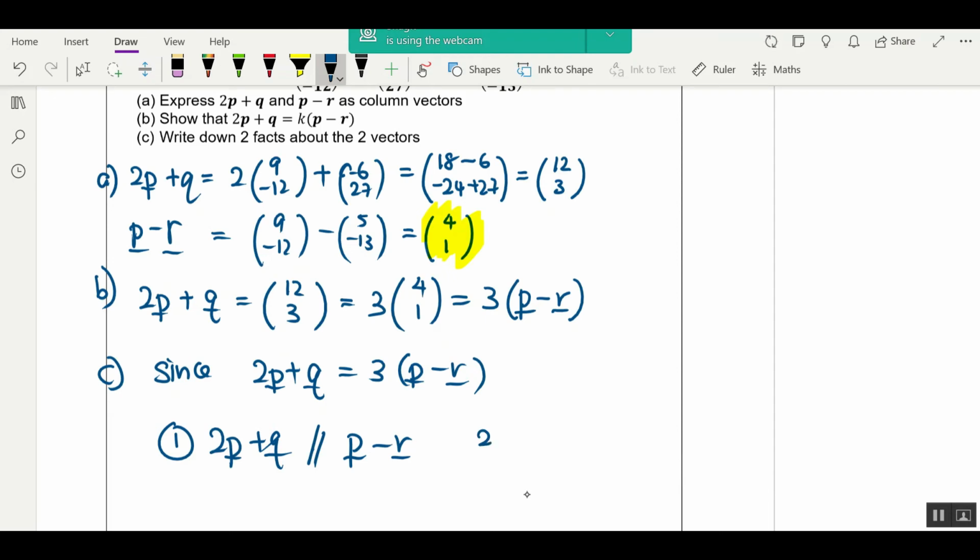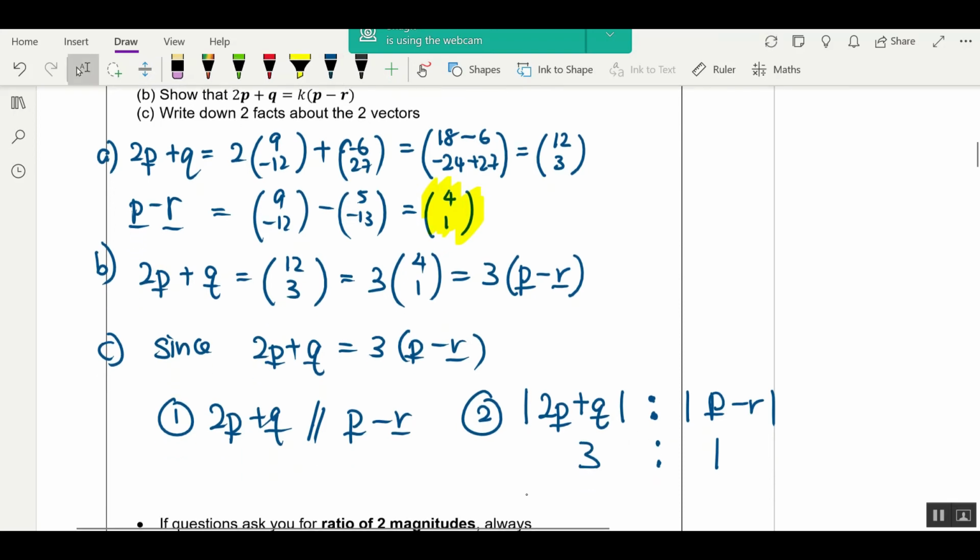And number two, the magnitude, that means the length of 2p plus q, is to p minus r in the ratio 3:1, because 2p plus q is 3 times longer than p minus r, so that's why the ratio of their magnitude.